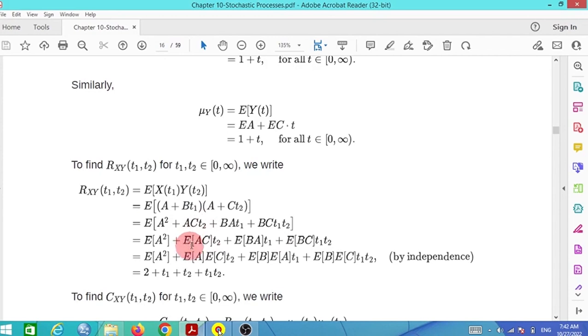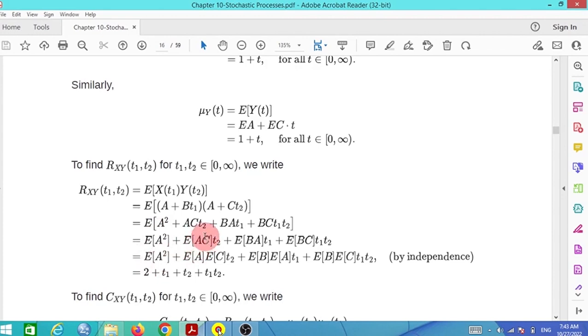T2 is constant, so it comes out of the expected value. T1 is constant, so it comes out of this expected value, and similarly.